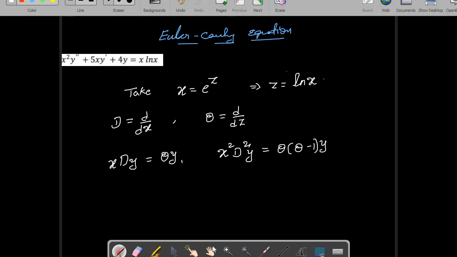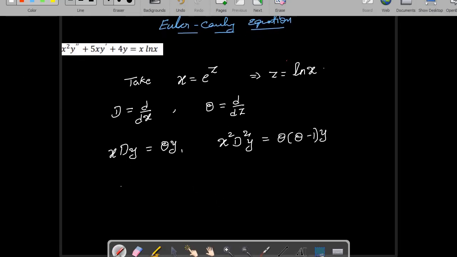Let me rewrite this equation. This one can be written in operator form like x square d square y plus 5x dy plus 4y equals x into ln x.